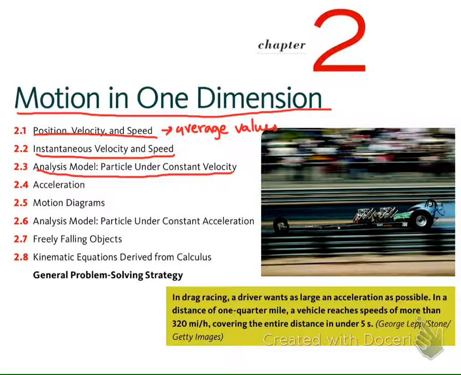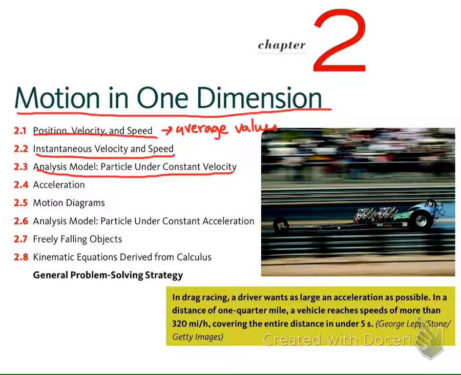We will define the acceleration, which is the rate of change of the velocity. And we will discuss how to represent the change of this quantity in time. That is the change of the velocity, the change of the position, and the change of the velocity.